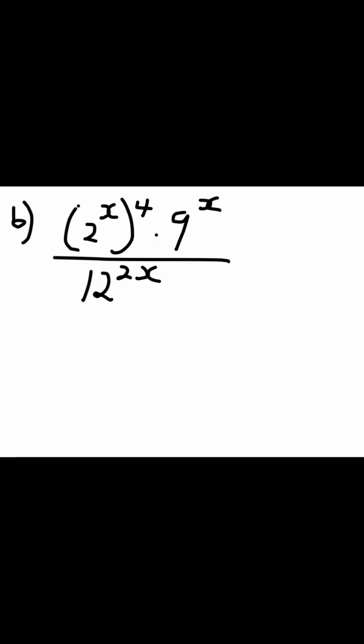Just think of it as you are given each of those but combined together. So what I know is that on that first part, I will apply that law which says when you have a base raised to an exponent, and you have another exponent, you just multiply those exponents.